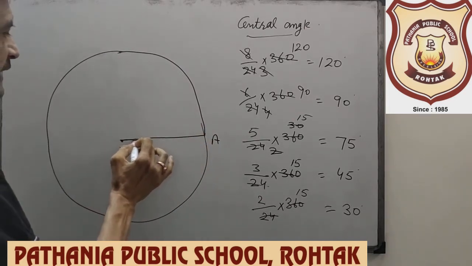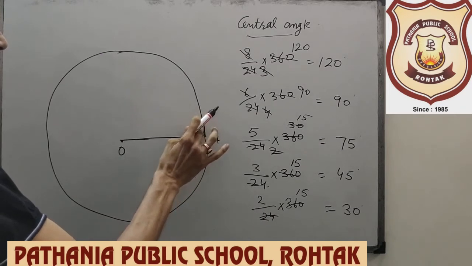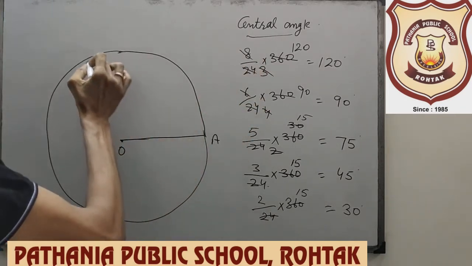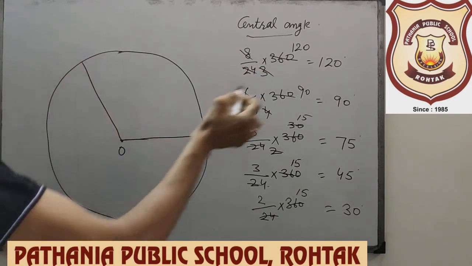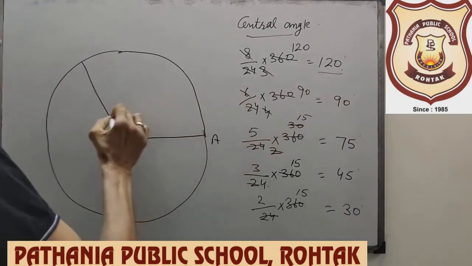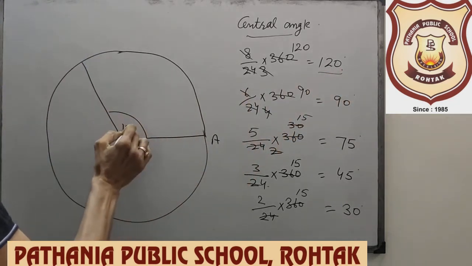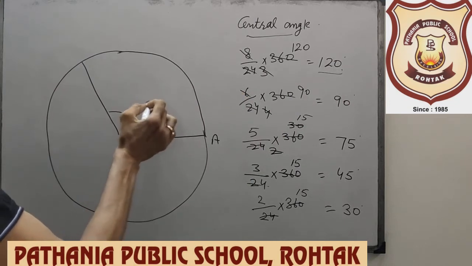Now take your protractor and make an angle of 120 degrees. First angle 120 degrees, and it is the time spent in what? Sleep.